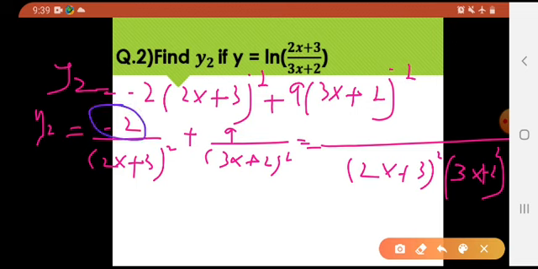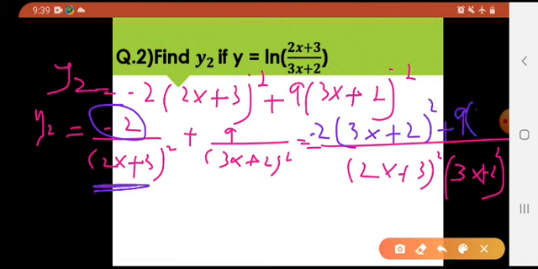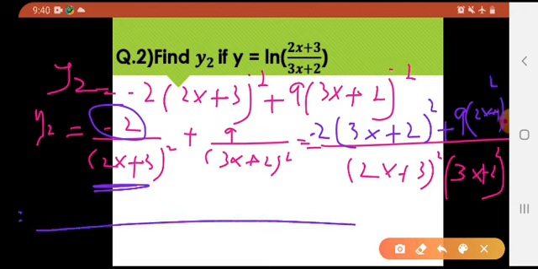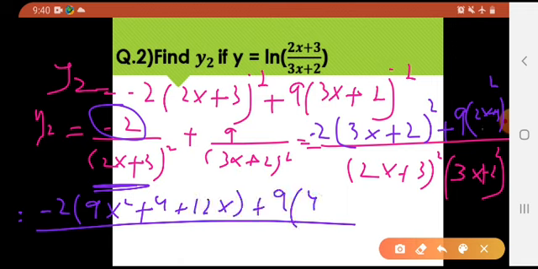Okay, now check out your numerators. This -2 would be multiplied with (3x plus 2) whole square, plus 9 would be multiplied with this term, so (2x plus 3) whole square. Let us simplify it. -2 into 9x square plus 4 plus 2ab, so that would become 12x, right? Plus 9 into, इसका भी whole square open करना है.